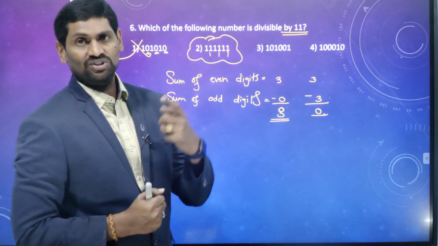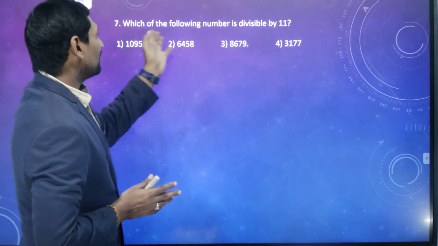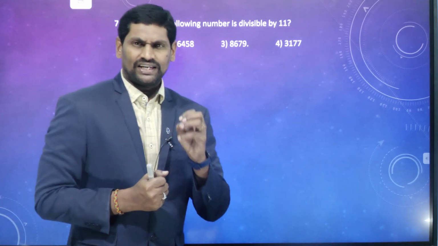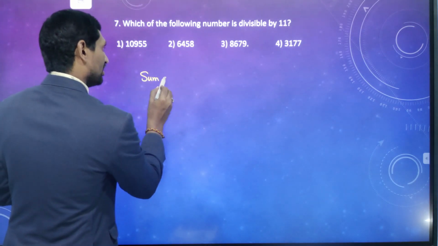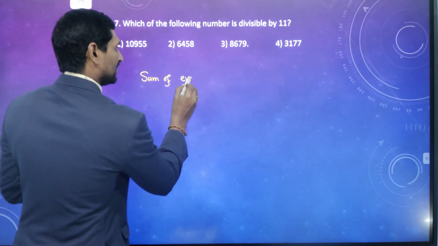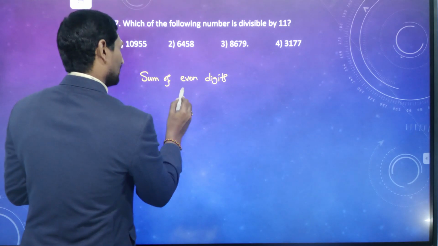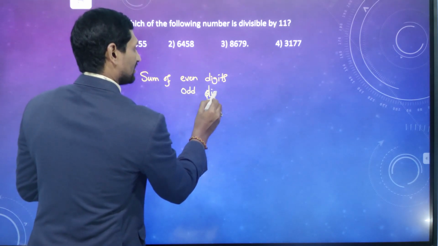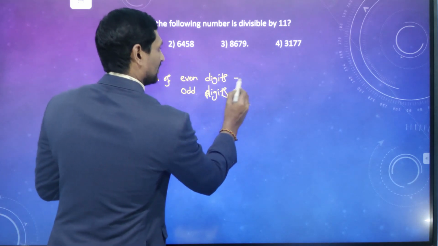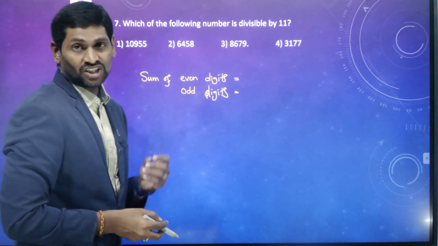Okay, so let us move on to the next question. Which of the following numbers is divisible by 11? Again, the 11th rule. Again I need to check even place digits and odd place digits.